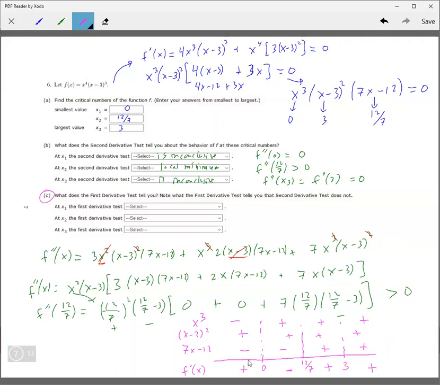So the derivative is positive and then negative. That means this is a local maximum, because we have positive to negative. At this point, we went from negative to positive, so that's a local minimum.